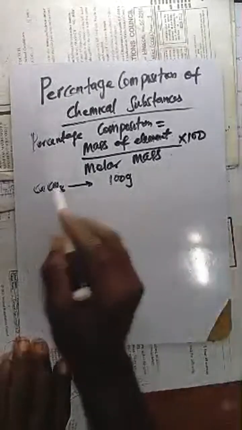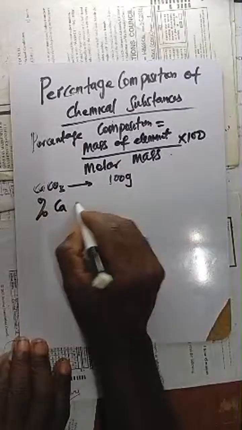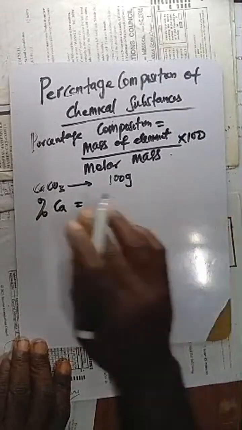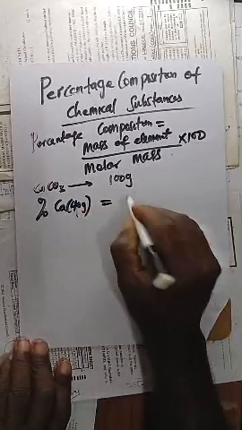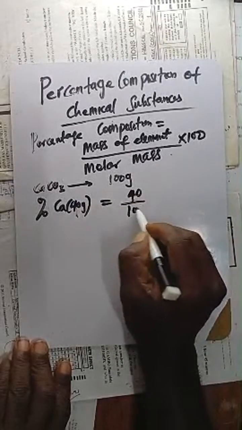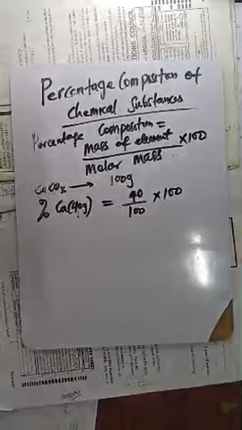So the percentage composition for calcium, which is 40 gram, will be 40 over 100 times 100. That is just the meaning.